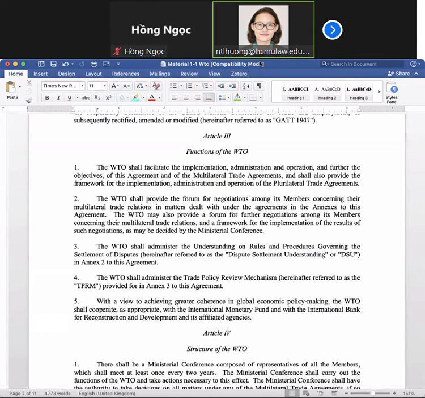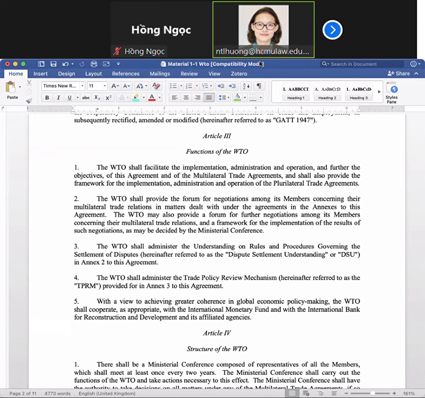And regarding reviewing member trade policy, which is going to be run under the trade policy review mechanism provided in Annex 3 of this agreement, this is also another requirement of the WTO. You all know that each country has prepared its own trade policy for different periods in its development, and so those policies may change.